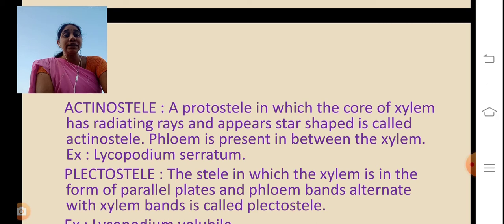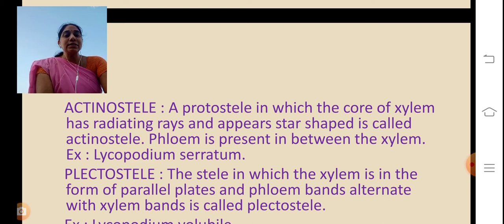It is having the radiating rays. So, phloem is present in between the xylem covering the remaining part. So, xylem at the center and phloem at the periphery. Xylem is in the shape of a star. We can see this type of actinostele in Lycopodium serratum.